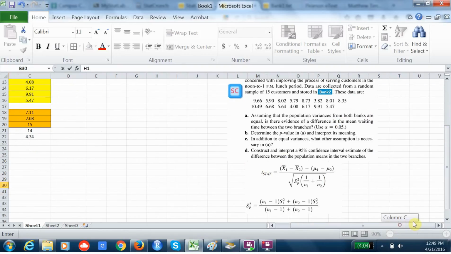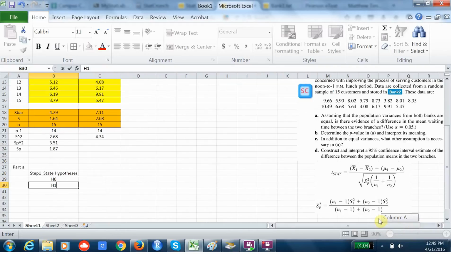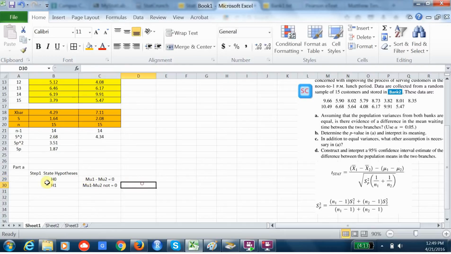So it says, assuming the population variances for both banks are equal, is there evidence of a difference in the mean waiting times? So I'm trying to prove that the mean waiting times are different. So this is going to be mu1 minus mu2 is not equal to 0. And this is going to be that it is equal to 0. Okay, so these are my two hypotheses.